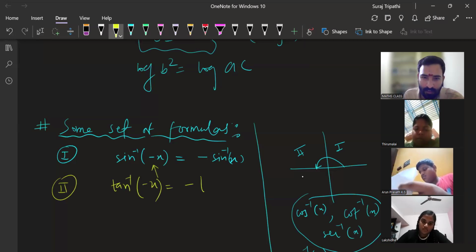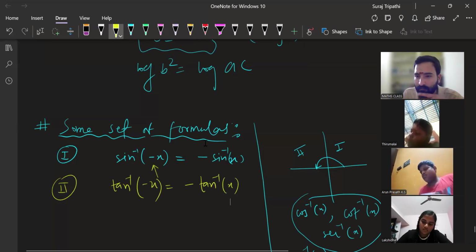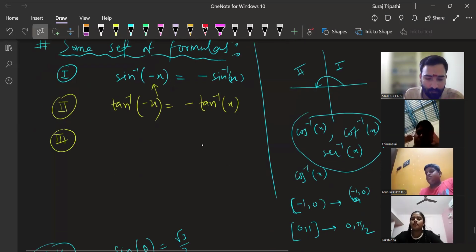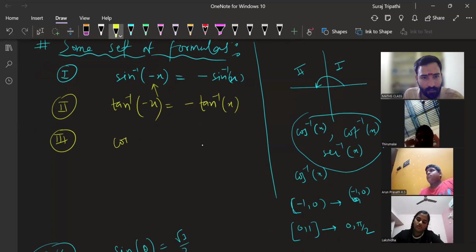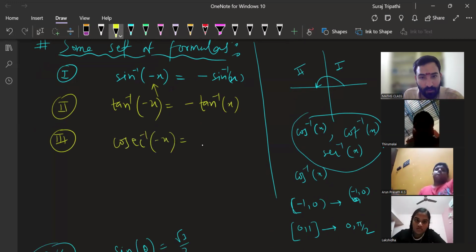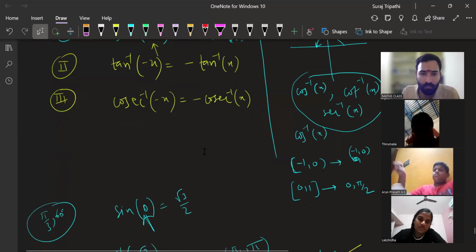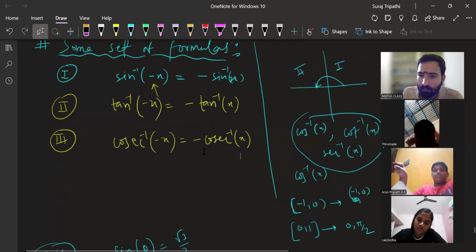Here also you can take the negative sign outside. Third one, cosec inverse minus x. Here also you can take the minus outside, cosec inverse x.